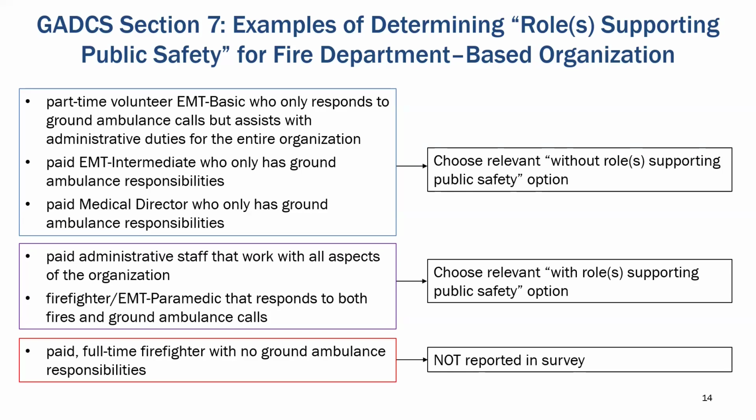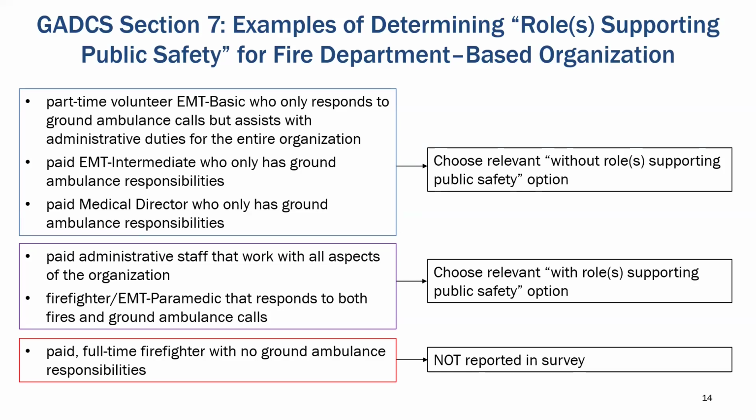However, if you think an EMT contributes meaningfully to administrative activities for the public safety aspects of your organization, you can use your judgment and choose the relevant EMT with fire, police, or public safety role option. Note that it is important that each staff member is assigned to just one labor category for the purposes of reporting throughout Section 7, even if they perform multiple roles in your organization.